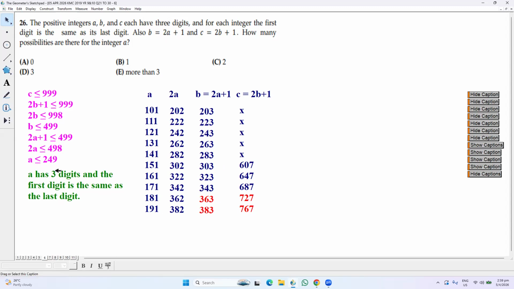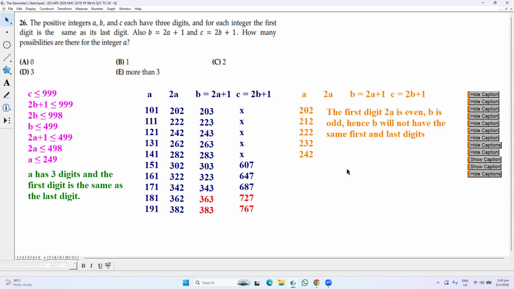Then we have to do those starting with 2. We stop at 242 because A is less than 249. So first digit and last digit the same, up to 242. Then we double.